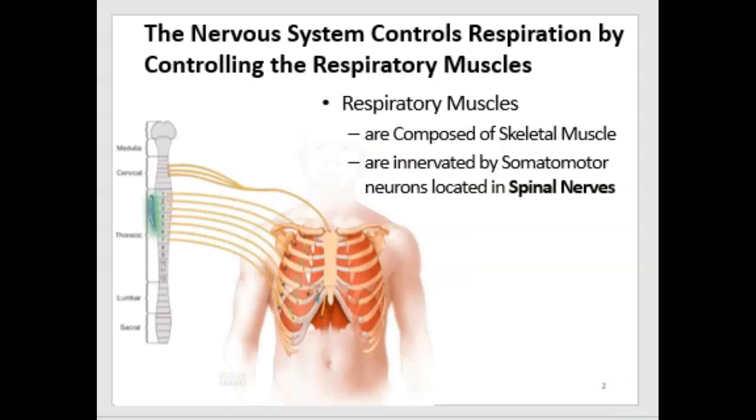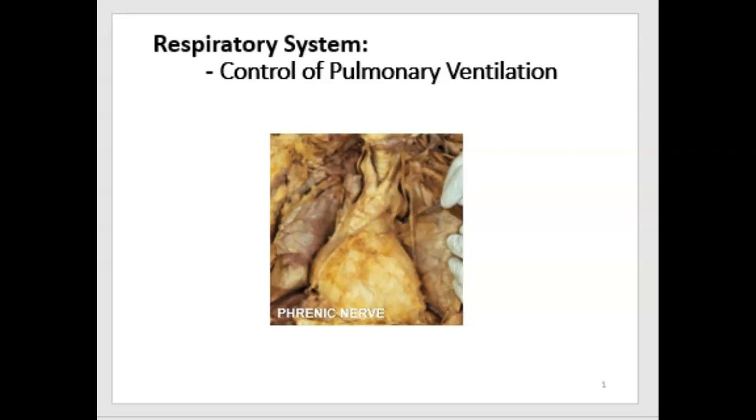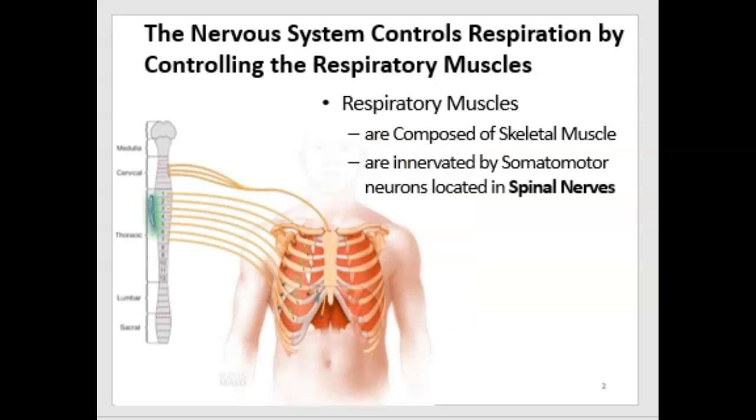So in this lecture, we're going to talk about the anatomy of neural pathways that control those muscles, and then we're going to talk about how they function in automatic involuntary breathing. The nervous system controls respiration by controlling those respiratory muscles. Interestingly, even though we breathe without thinking, the respiratory muscles are composed of skeletal muscle.